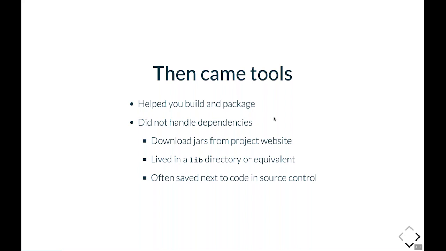Usually, in order to use dependencies, you had to go to some project website, SourceForge anyone, or even Freshmeat for the older folks around there, download the jars from the project website, and put them all in a lib directory or something equivalent, depending on your project setup.